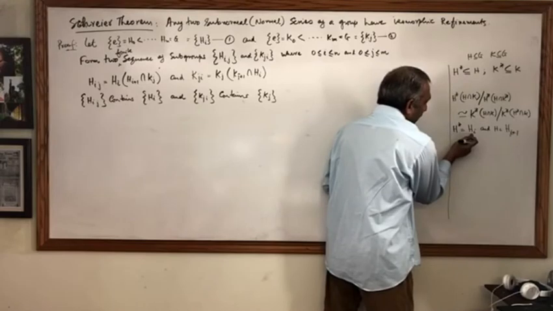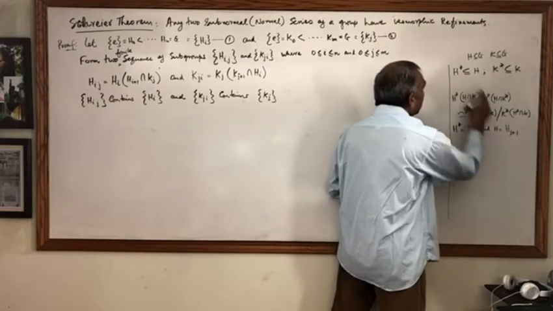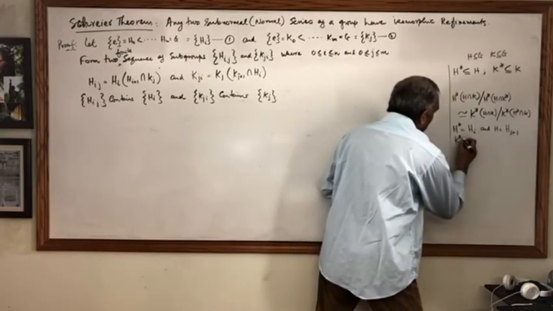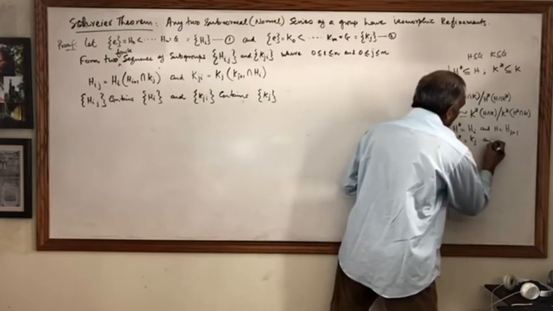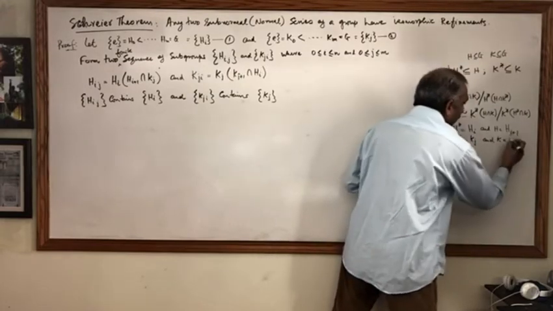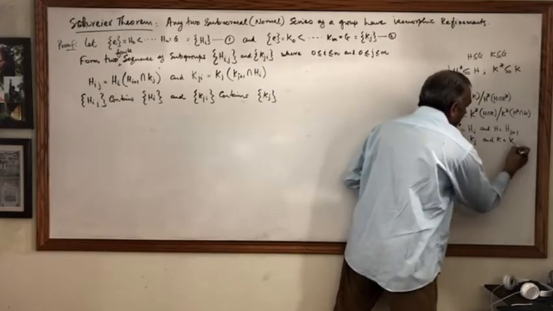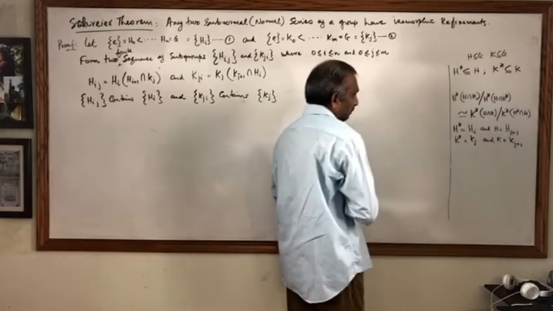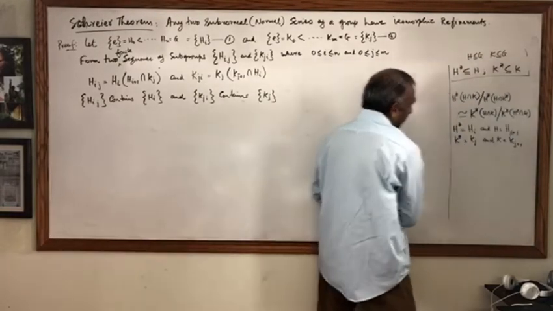So Hi is a normal subgroup of Hi plus 1, so this is fine. And K star is equal to Kj and K is equal to Kj plus 1, so that this is also satisfied. So all the conditions of the lemma are satisfied here.